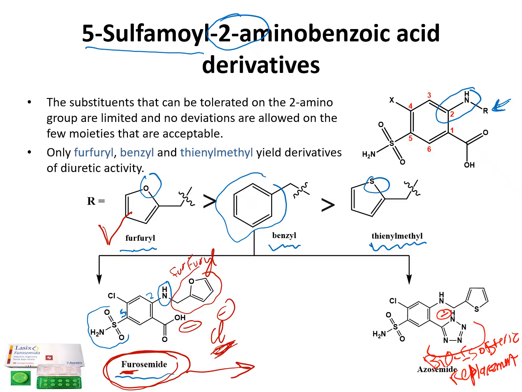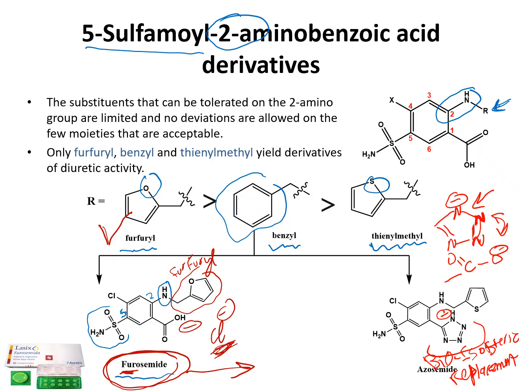So tetrazoles، راح أرسم التترازول هون very briefly. It will have a negative charge similar to carboxylate at physiological pH. تمام؟ So they are the same more or less at physiological pH, tetrazole and carboxylate.